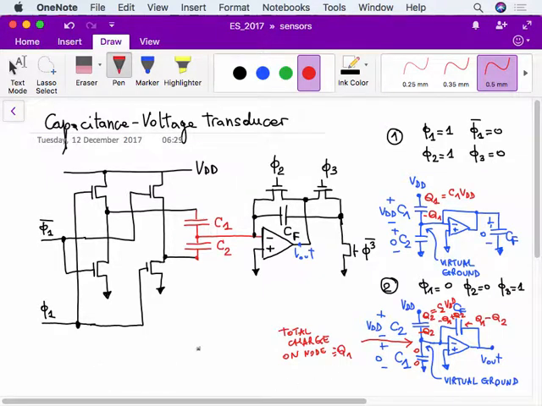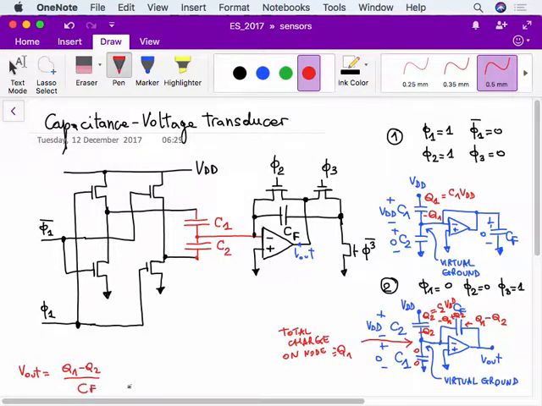You see, Vout, maybe I can just use this consideration. Vout, which is essentially the voltage on capacitor CF, because the other electrode of capacitor CF is at virtual ground, is equal to Q1 minus Q2 over CF.